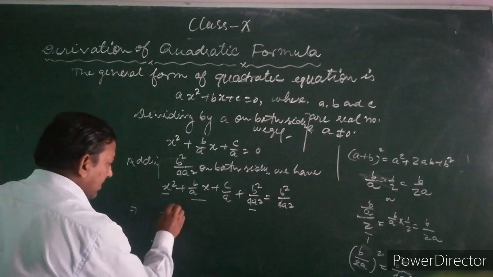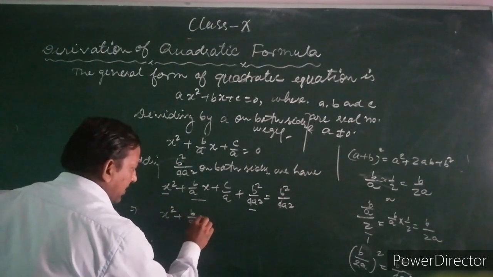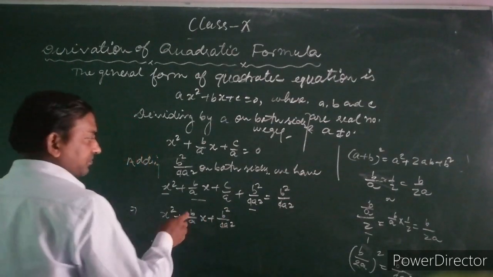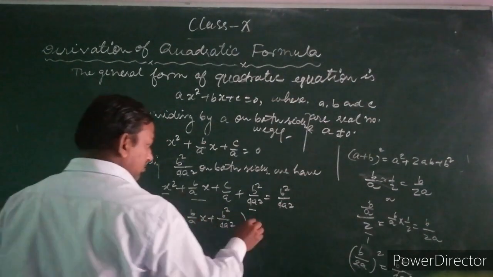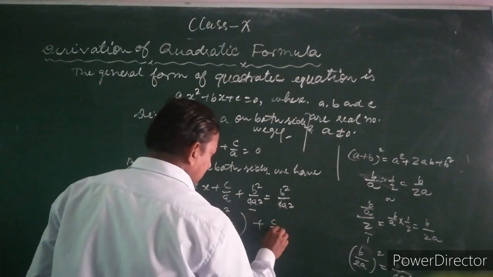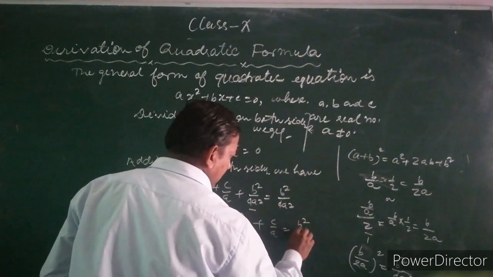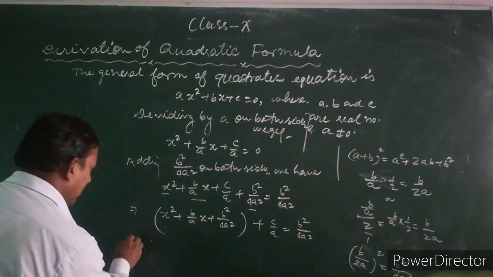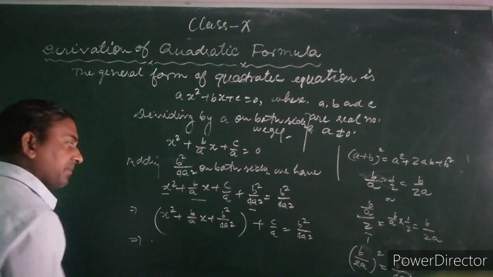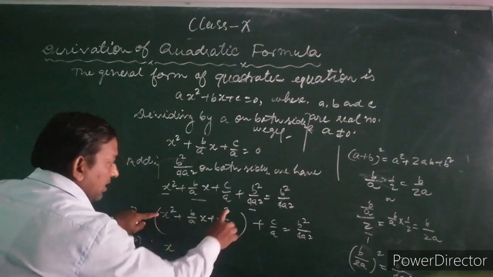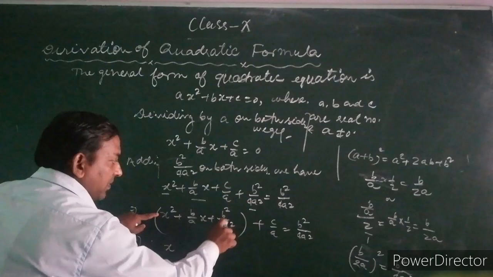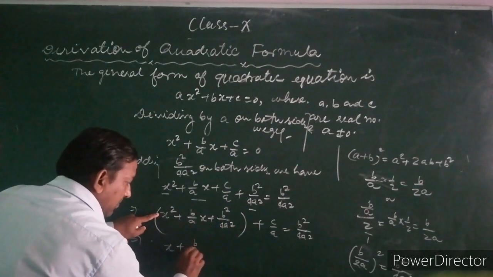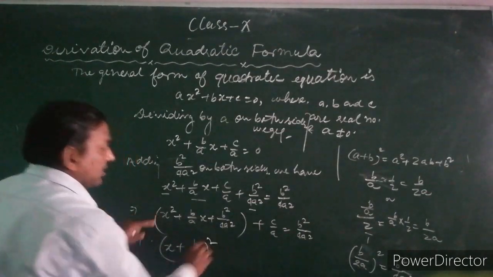That is x square plus b upon a x plus b square upon 4a square. Clear? Taking these in brackets plus c upon a is equal to b square upon 4a square. So this becomes a perfect square: x square, and b square upon 4a square means b upon 2a whole square.